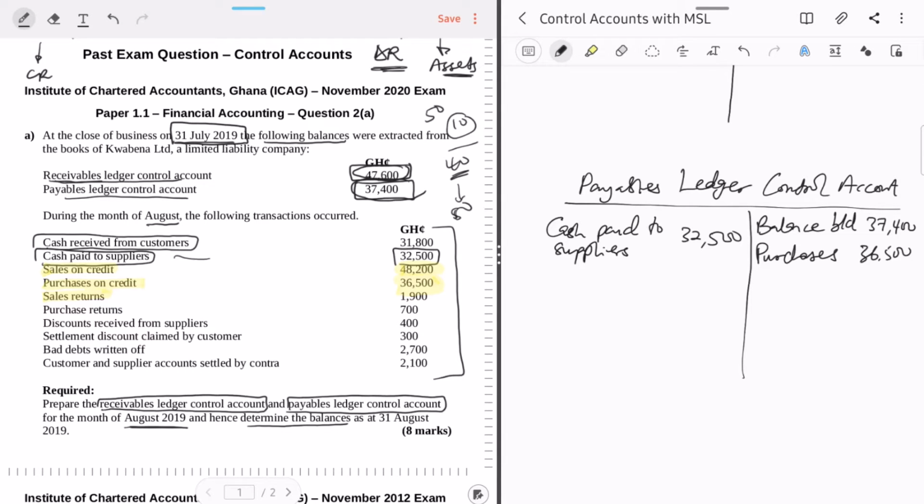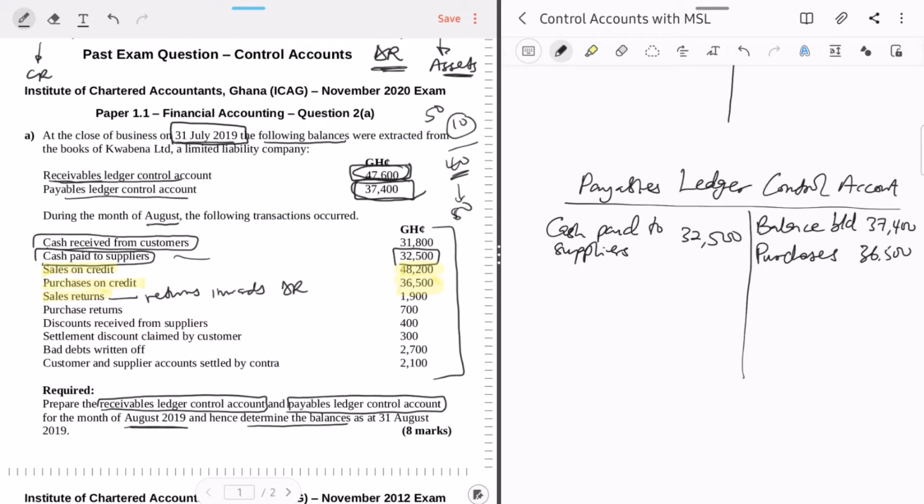Because of this, sales returns, which is also known as returns inwards, will have a debit balance. Debit because they increase the asset of what? Inventory. And assets are what? Debits. Inventory are debits and balances. So if I have sales returns, I would debit my returns inwards account with what?